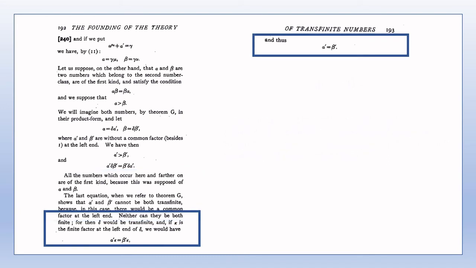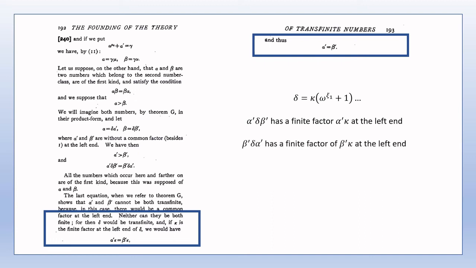If alpha prime and beta prime are both finite, then the only way that both alpha prime delta beta prime and beta prime delta alpha prime can be transfinite is if delta is transfinite. The product form of delta then starts kappa times omega to the power of psi 1 plus 1. Then the product form for alpha prime delta beta prime has a finite factor alpha prime kappa at the left end of the expression, and beta prime delta alpha prime has a finite factor of beta prime kappa at the left end.